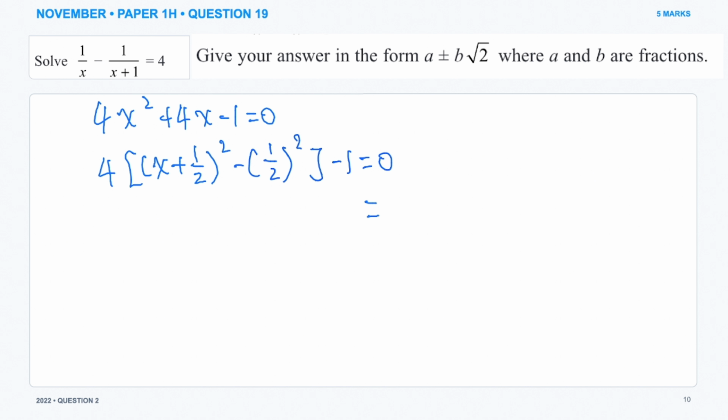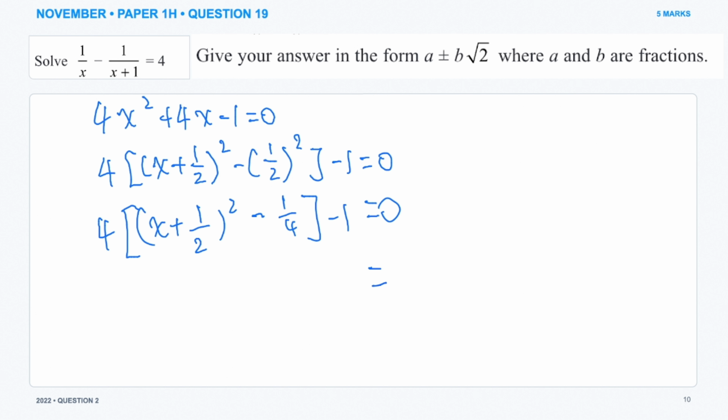Next, we're going to square negative 1/2. So we're going to have minus 1/4 minus 1. Then we're going to have our usual for the front as shown. Our next step now is to multiply this by 4.